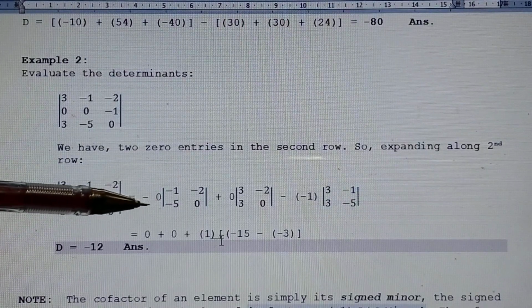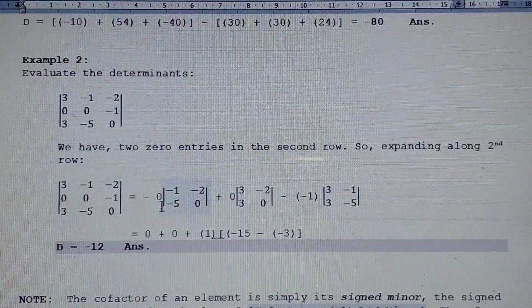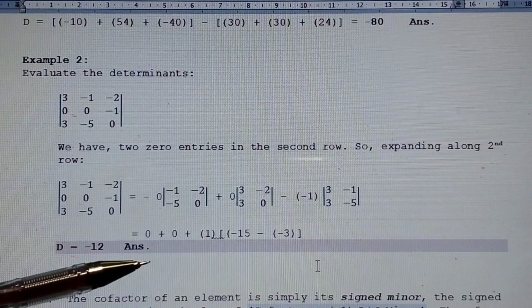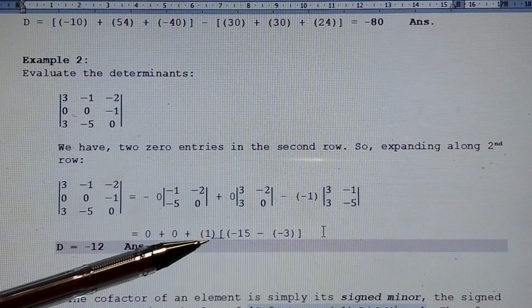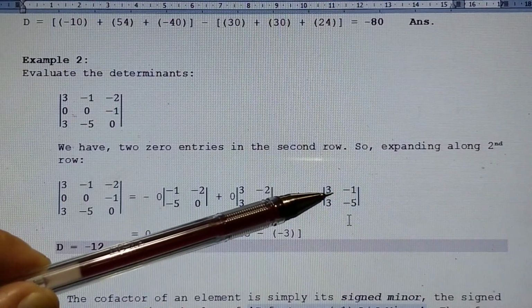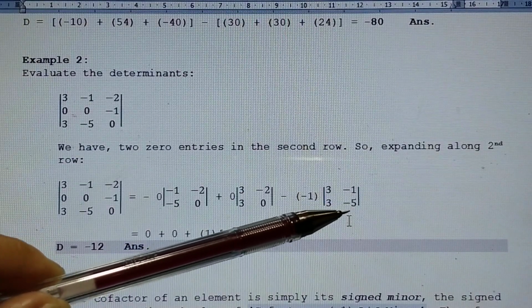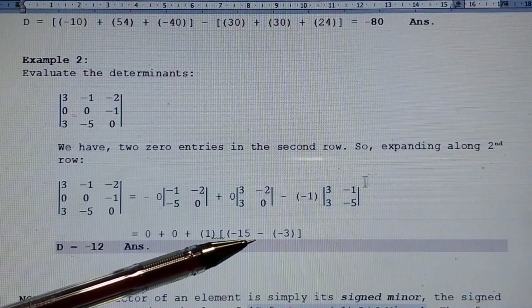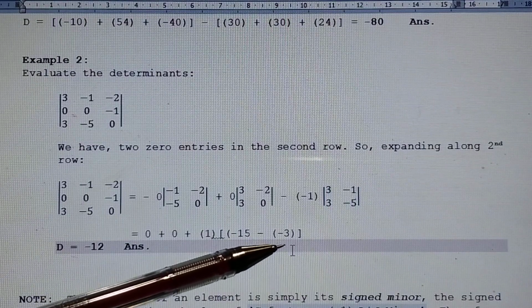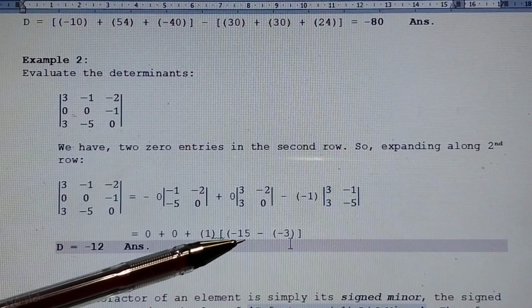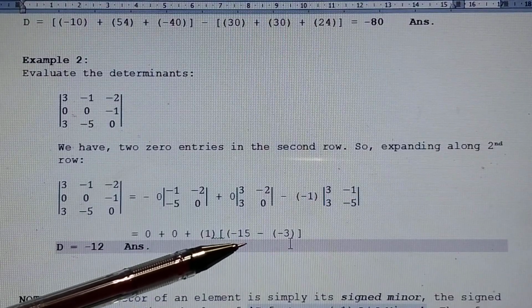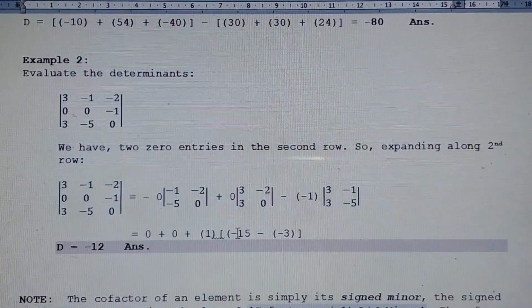Then these two quantities are 0. Then negative multiplied by negative is positive. Then 3 multiplied by negative 5 is negative 15. Then minus going up, negative 1 multiplied by 3 is negative 3. So negative 15 plus 3 is negative 12, multiplied by 1, that is negative 12.